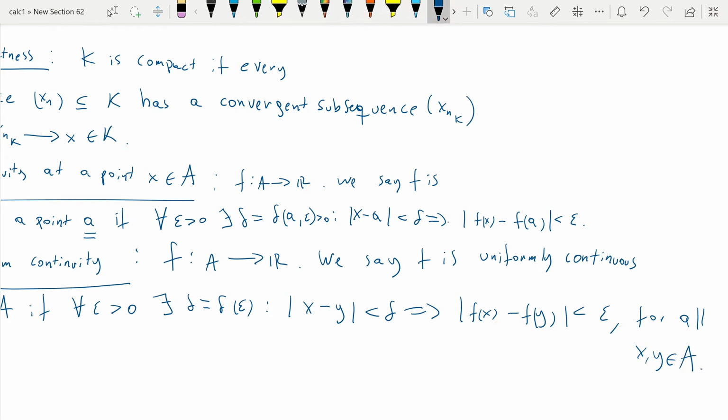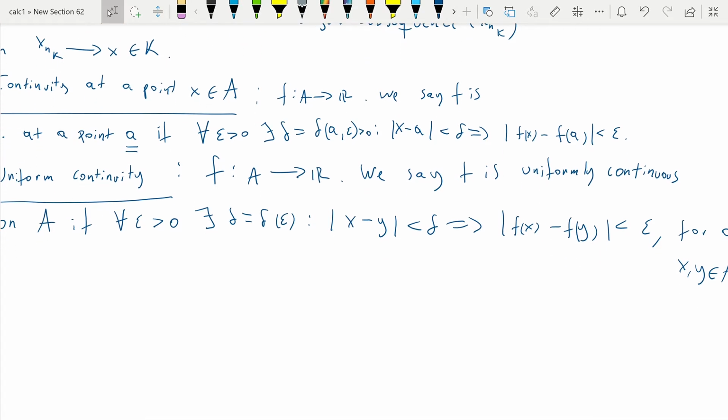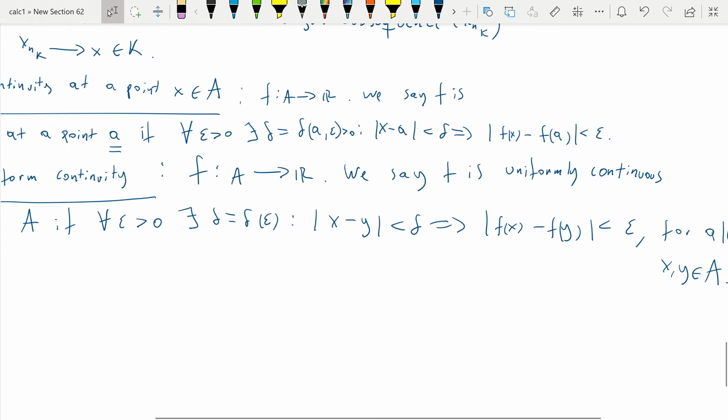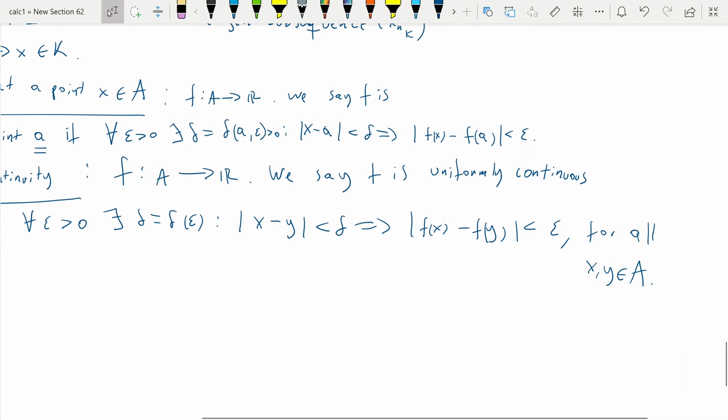So in particular here, if this is true for every pair, you may fix a y and consider just any x. x is your variable, and here you would be saying that for every epsilon there is a delta, depending only on epsilon, such that |x - a| is smaller than delta, like in the definition above.